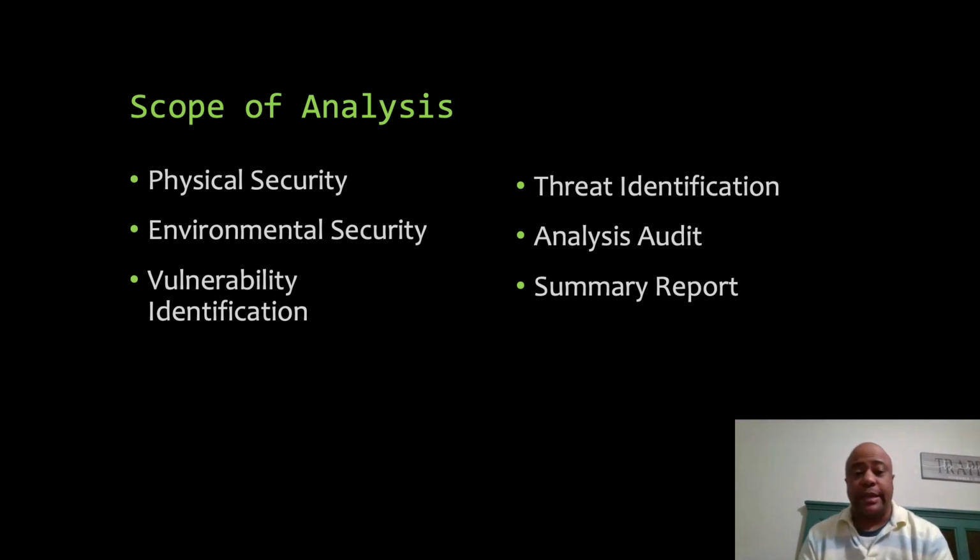Looking at environmental security, our headquarters is located in Denver, Colorado. Probably our biggest threat is windstorms, fire, and just adverse effects from winter weather. So you might have some freezing, you might have some power outages. So we took those things into consideration. We identified the vulnerabilities, we identified the threats, and we conducted our audit and drafted a summary report.